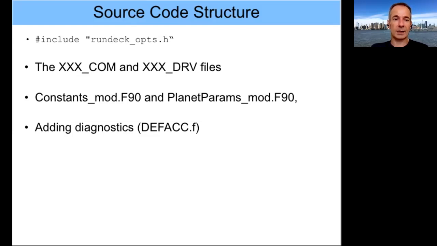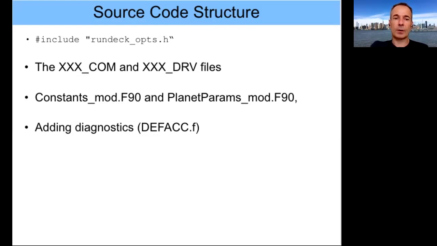Essentially it is the module that contains the variables that the atmospheric dynamics is using. This is typically saved into the _com file. So when you use the atmospheric dynamics module, that module exists in that XXX atmospheric dynamics _com file. And so the com file contains the variables that this piece of the model is owning.